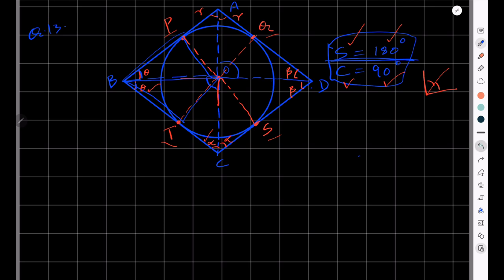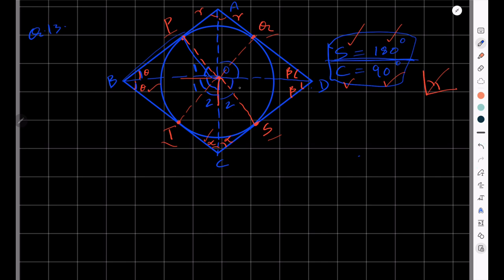So we will take advantage of that. If this is angle 1, this will also be angle 1, because these two are congruent. And if this is angle 2, this will also be angle 2, because these triangles are congruent.